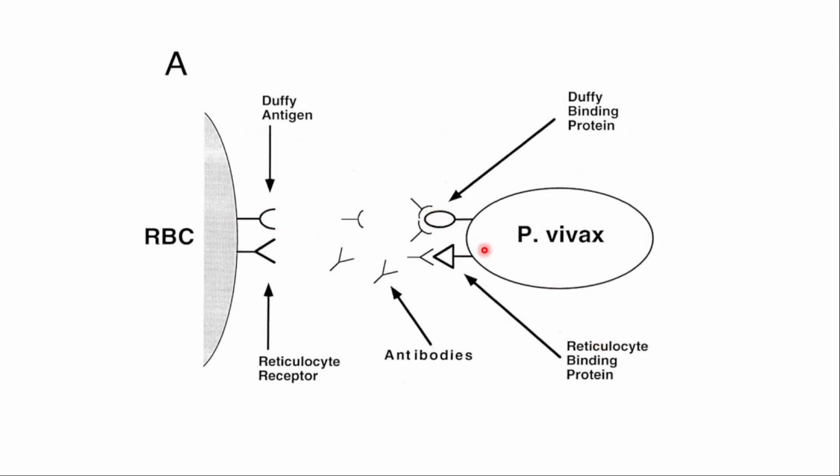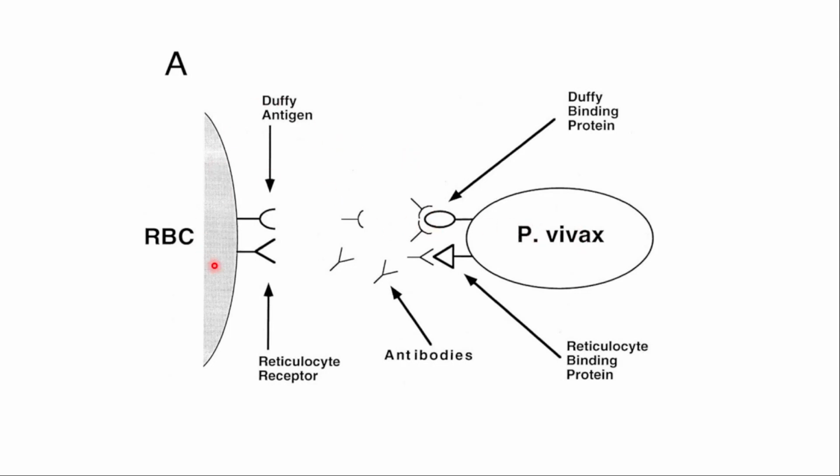That's how Plasmodium vivax latches onto the RBC, using its Duffy binding protein to recognize the Duffy antigen, the cognate receptor present on the RBCs. Many therapies and strategies to reduce malarial infection produce antibodies which can neutralize the Duffy binding protein or the reticulocyte binding protein, preventing the latching of Plasmodium vivax onto RBC surfaces.